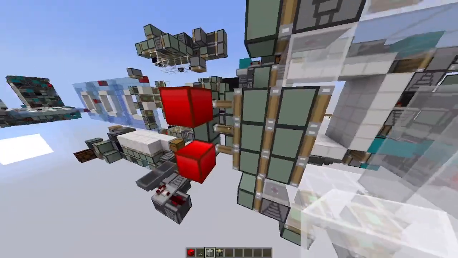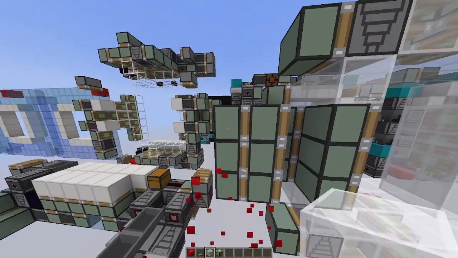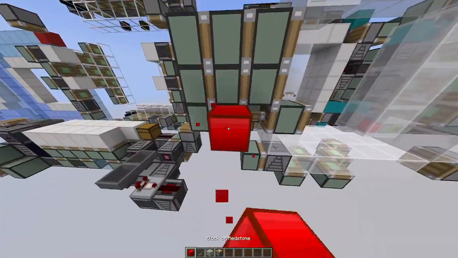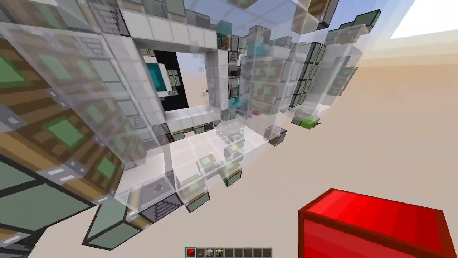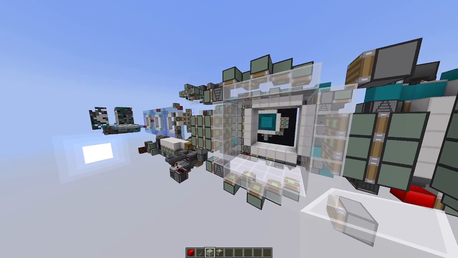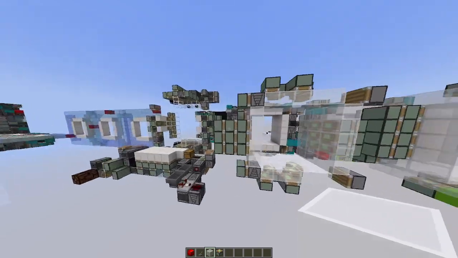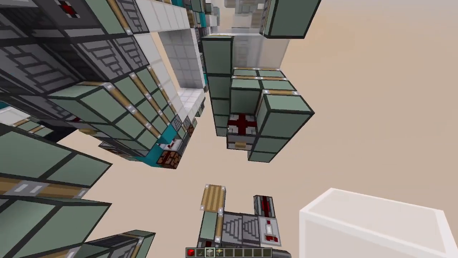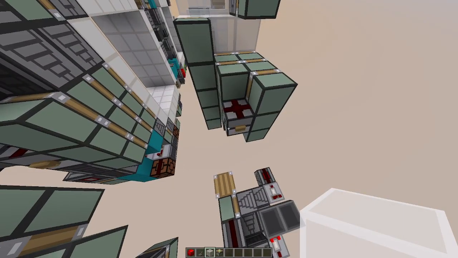Once it's over, we can retract the back pistons, and then the other circuit will do its stuff as well. So this is a very common method for controlling our triple piston extender. Of course, we can do a long pulse or just two distant one-tick pulses as well. It doesn't really matter; it just depends on which one we prefer.